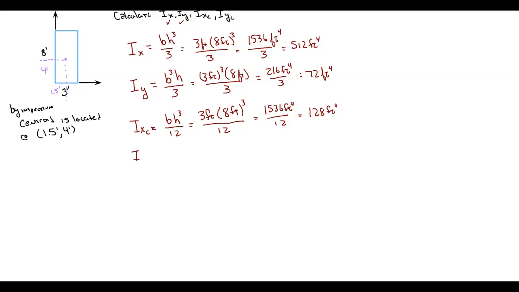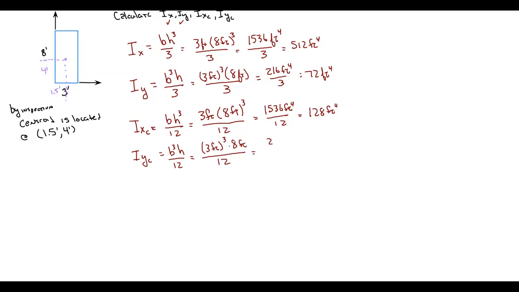Our last calculation is the moment of inertia about the centroidal y axis. So remember that we use the same formula, we just flop the exponent to the other dimension. The first time I saw that, it freaked me out a little bit, but then I was like, okay, it perfectly makes sense, because essentially, what if you turned the object 90 degrees? So in my head, it makes sense anyway. 3 feet raised to the third power times 8 feet divided by 12.